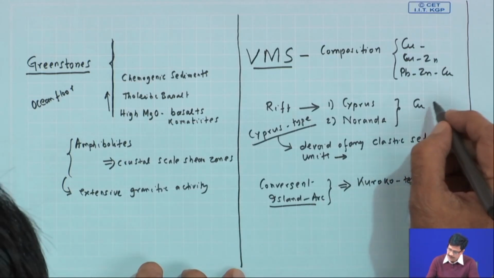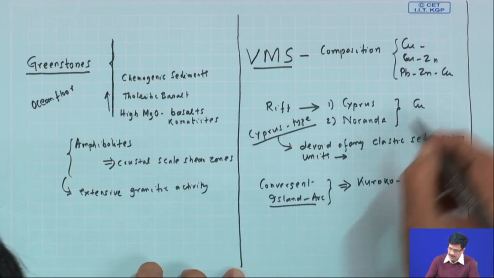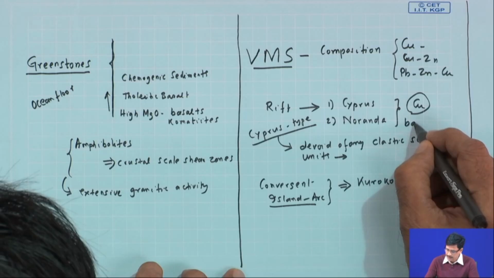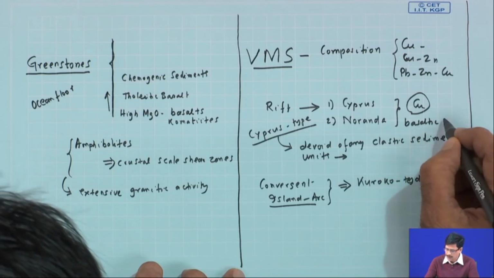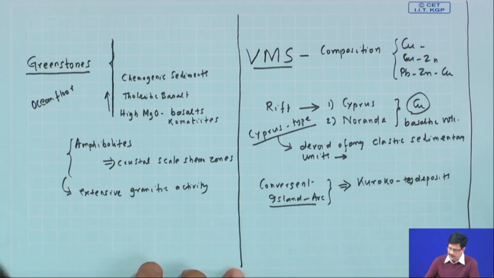So, these are essentially the copper-rich deposits, the Kuroko deposits, and these deposits are essentially associated with basaltic volcanism. We do not get much of a felsic counterpart there.